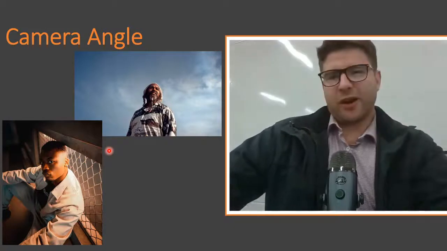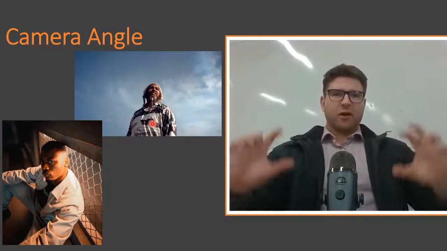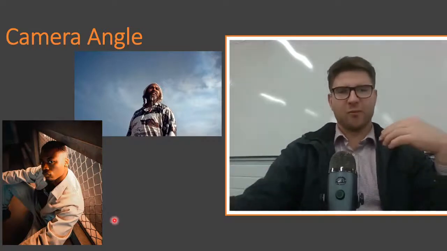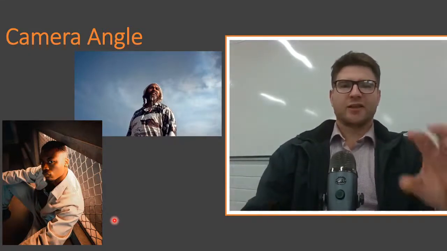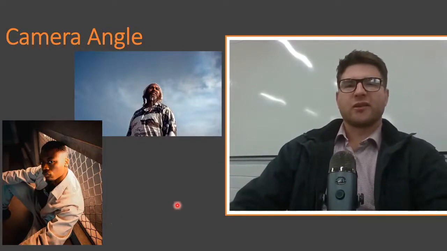But there are many other reasons why you might use a high angle or low angle. Any camera angle or camera positioning, how you angle that camera, however you move that camera, what you include in the frame or exclude from the frame, based on how you angle it, will affect the story in a different way.